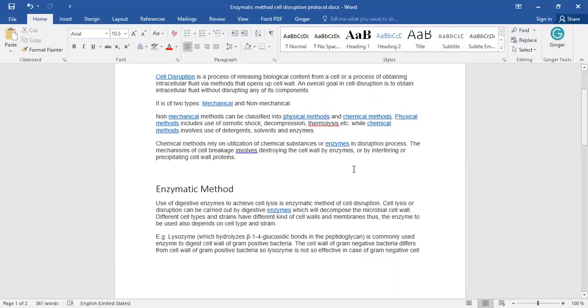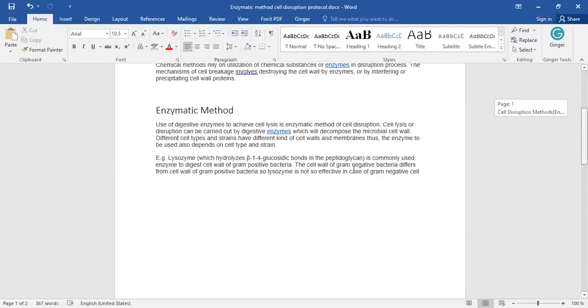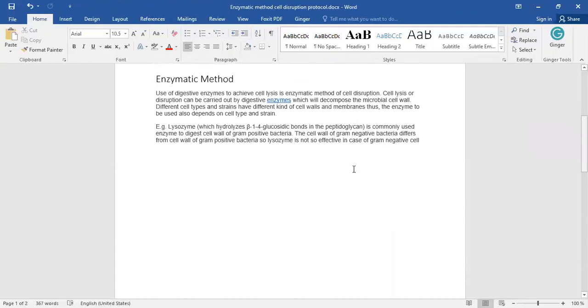As we know, microorganisms are composed of a cell wall, and the composition of the cell wall includes the peptidoglycan layer, as in bacteria.